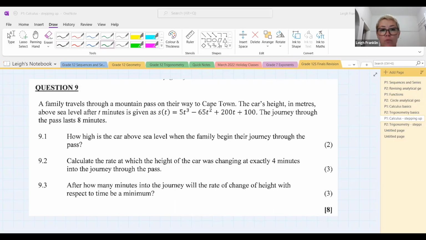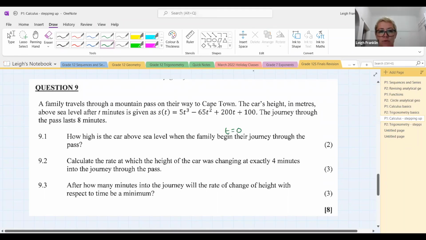At the beginning of our journey, our time is equal to 0. So we don't have to derive, because S of t is distance, and they're asking you a question about distance. You're actually calculating S of 0.